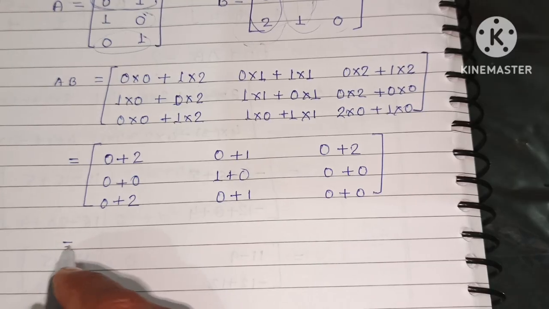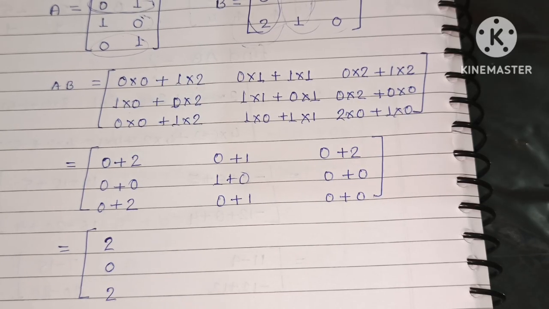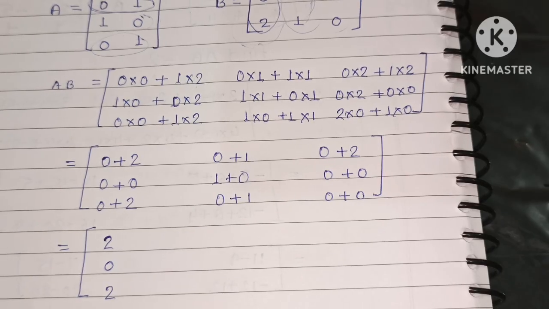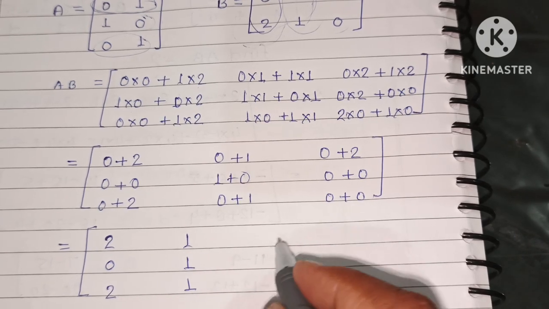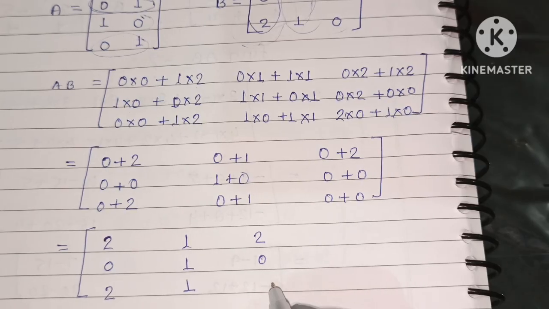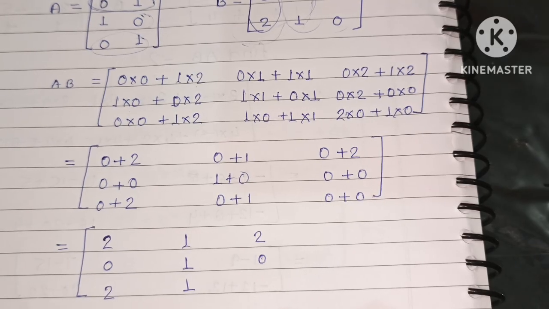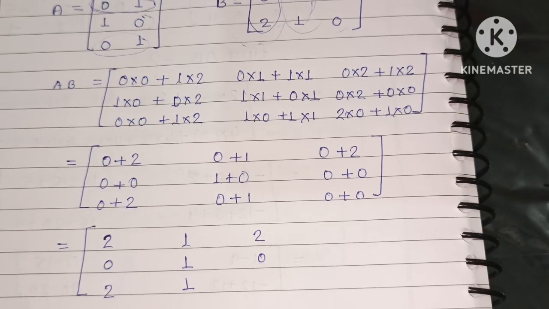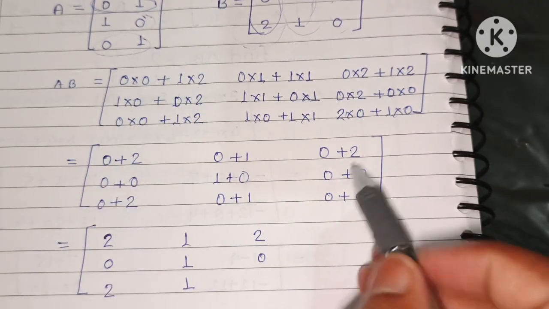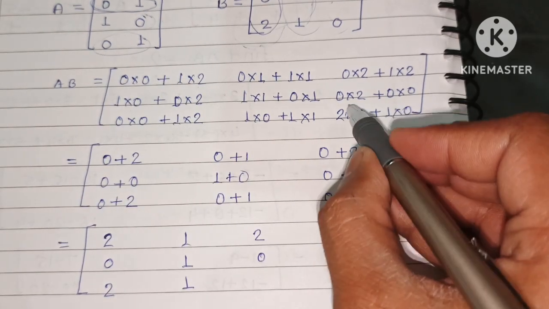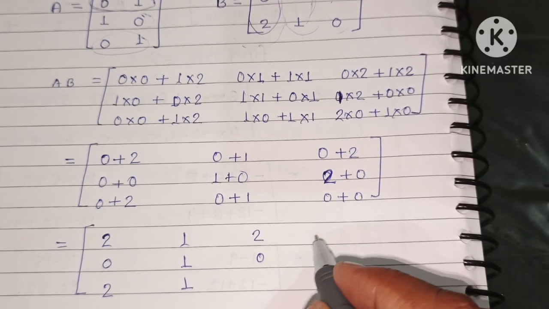Now the final outcome is 2 0 2, that is 1 1 1, that is 2 0, 2 into 1.